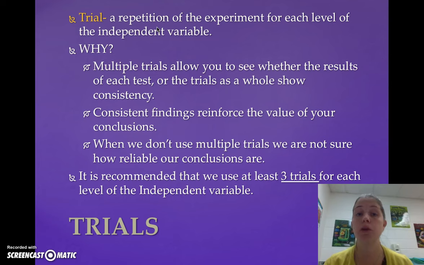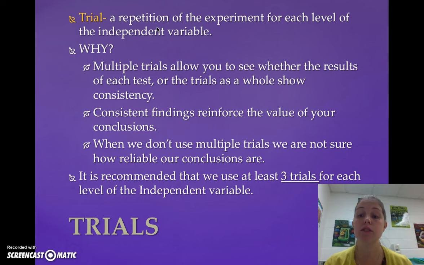And if we would have done multiple trials, we would have seen that the first one we did was a fluke and different, because in the next two trials, it didn't work the same way. So something went wrong in that first one, and if we didn't do the other trials, we wouldn't have known. It's recommended that we use at least 3 trials for each level of independent variable.